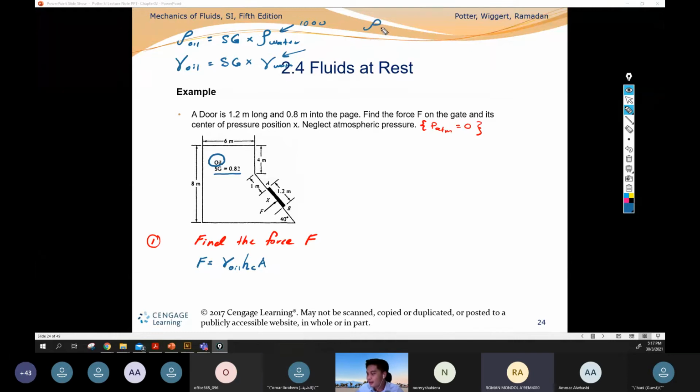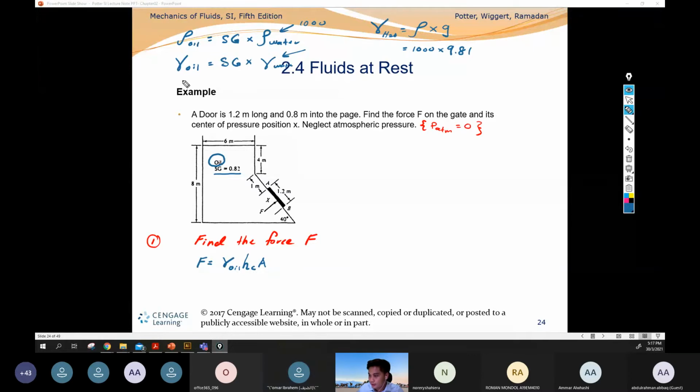So the formula: gamma of water is equal to rho multiplied with gravity. So rho of water is 1000 multiplied with 9.81.